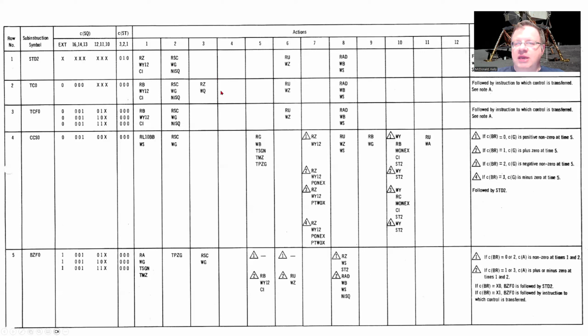Now, you'll notice along here, these initials, these are our control pulses. So as we go through, say we need to execute a TC0 instruction, we can say, okay, in T01, so time 0 action, we need to issue an RB pulse. So basically read the contents of B onto the bus. We need to do a WY12.